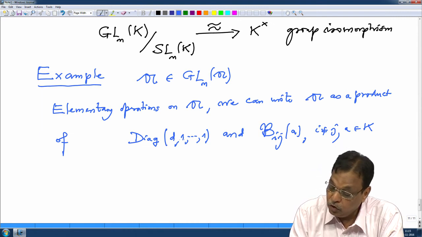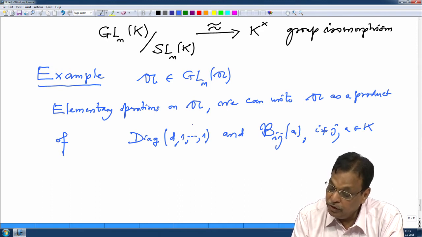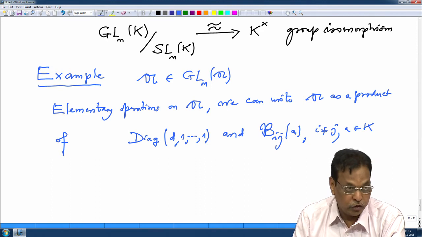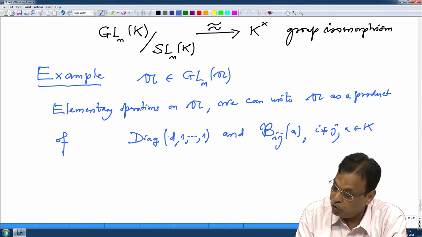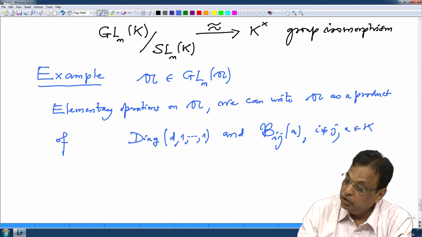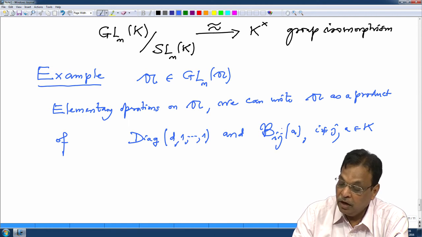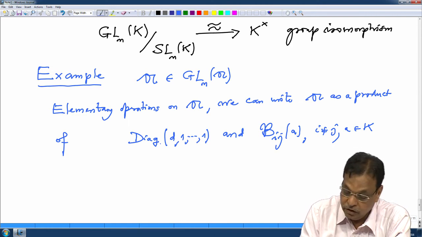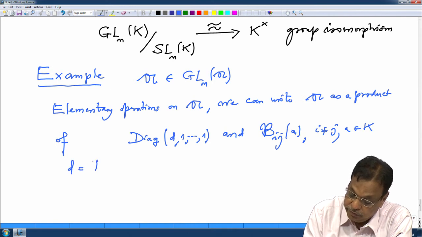Normally you get the diagonal matrix, but then we shifted the diagonal entries successively to the upper position and brought this to the top position. Now, because the determinant of these elementary matrices is 1, and A is the product of this and this D, this entry d is nothing but the determinant of A.